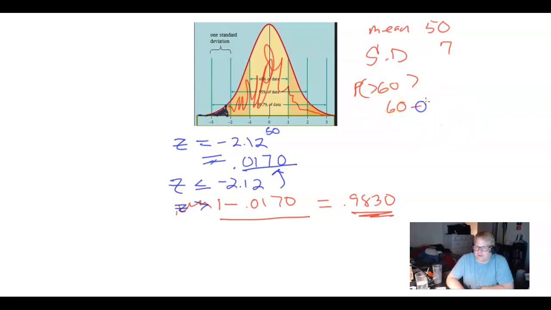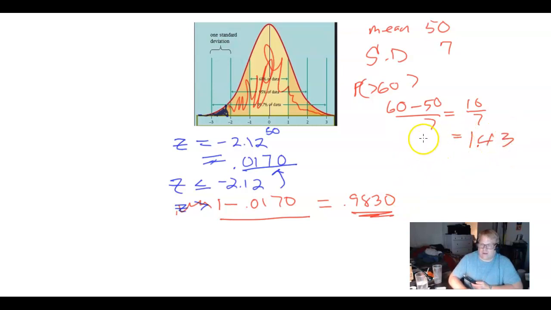So I'm going to take 60, subtract 50, and then divide it by 7. If I do that, I get 10 divided by 7, and since 60 is over the mean, I should get a positive number, and I do. 10/7 is 1.43.